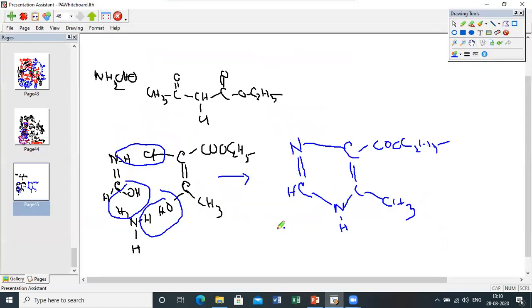So I have narrated here how the imidazole ring is constructed. Now we are taking this one as our starting compound.